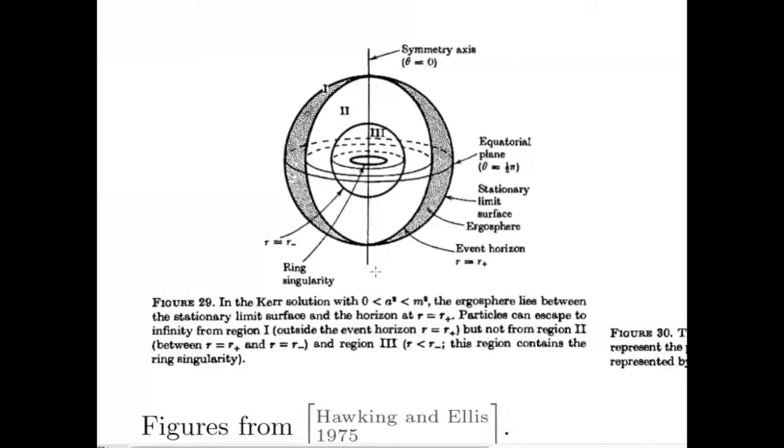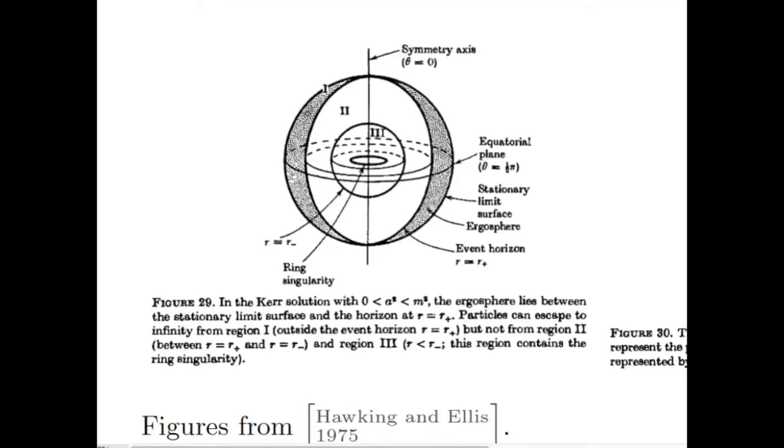The idea behind this is that the black hole rotates, and this causes a frame dragging effect, which means that if you go too close to the black hole from a certain radial distance, even if you're still outside the event horizon, you cannot stand still. You have to travel along the rotation direction of the black hole around it.